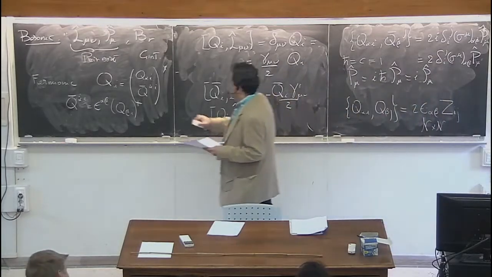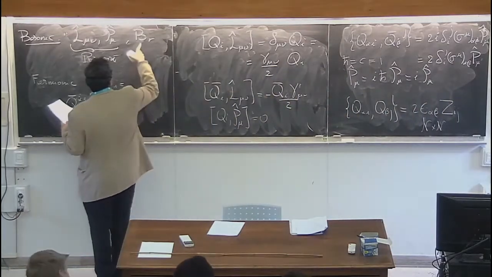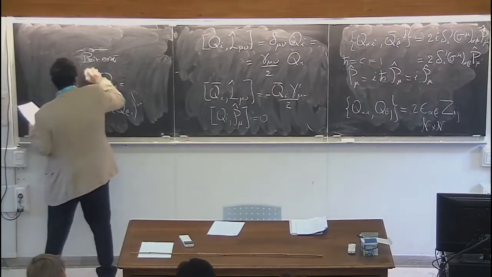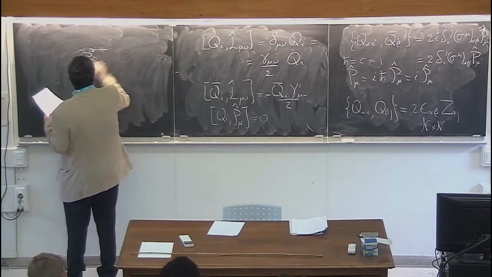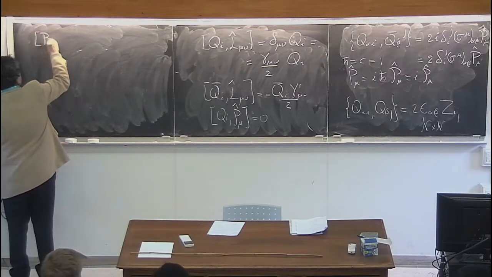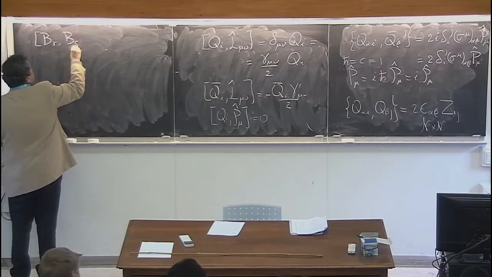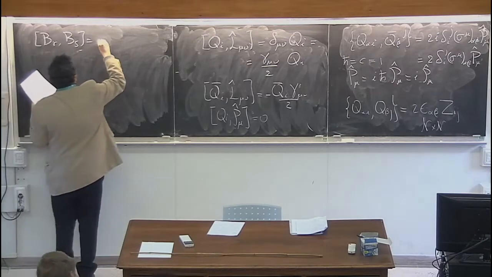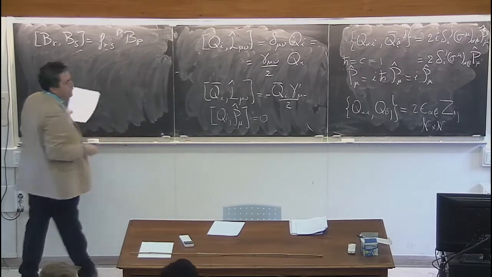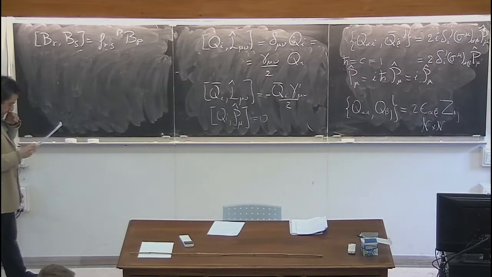Now, we also have the BR generators, which act on the various fields. In particular, they close: BR, BS is equal to FRSP, BP. These are the internal group.